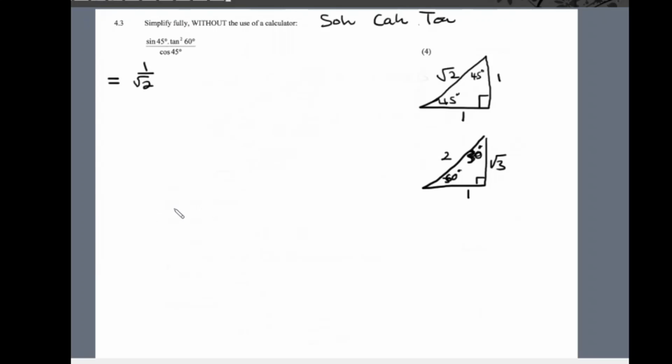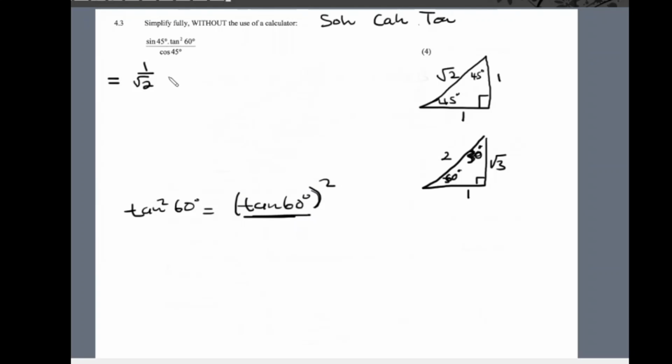And then now, tan squared 60 is the same as saying tan 60 degrees all squared. It might be confusing here, but it simply means this.